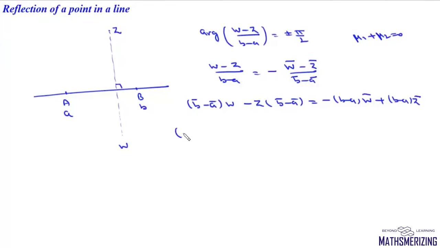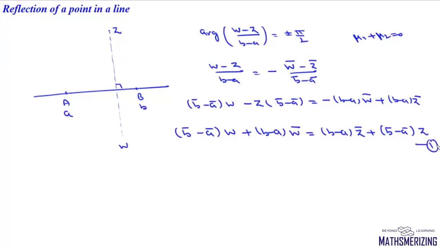So we can write this equation as (B bar minus A bar) W plus (B minus A) W bar equals (B minus A) Z bar plus (B bar minus A bar) Z, and that's our first equation.